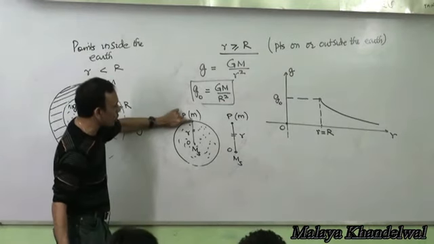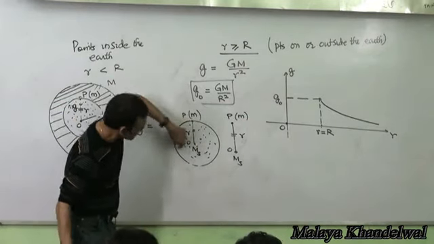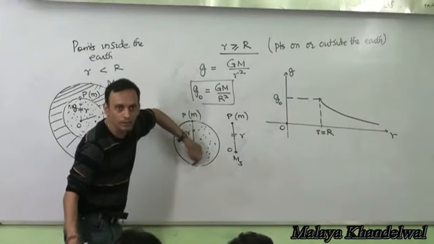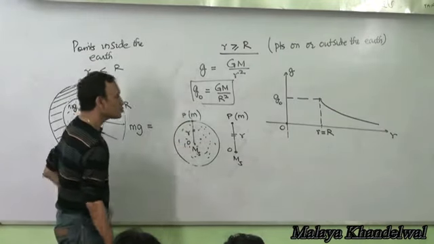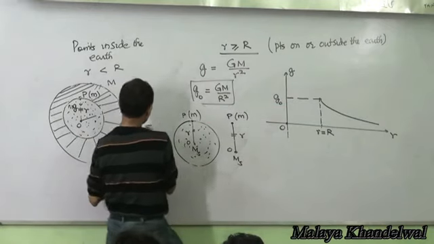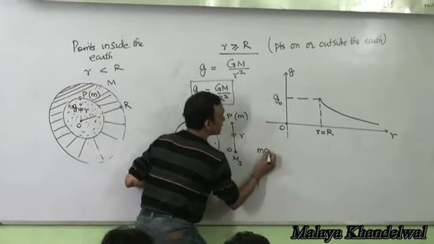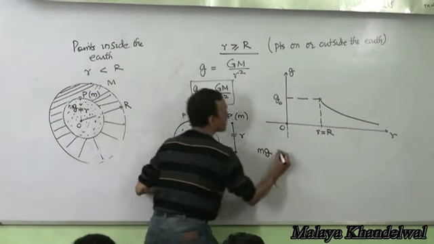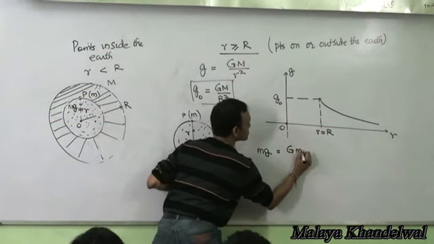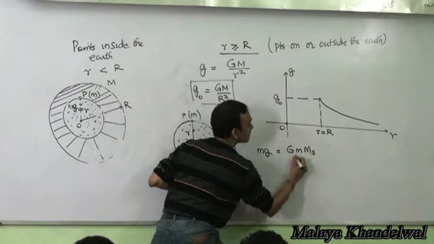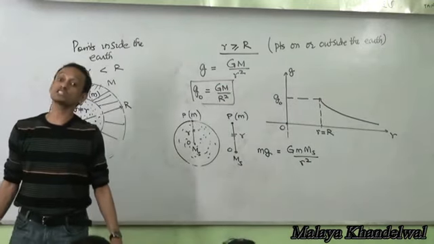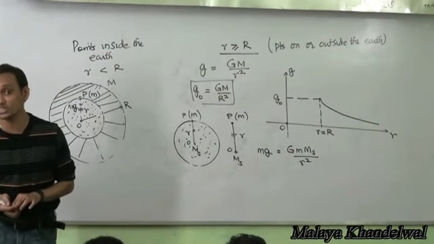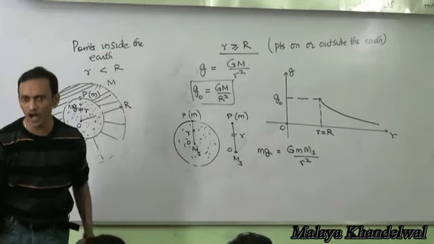This will give me the force that small m experiences because of this solid spherical mass. So what's the force? mg is the force, where g is the acceleration due to gravity at a distance r, and that must be equal to G times small m into ms by r squared. r is the distance from the center of the earth. Yes or no?